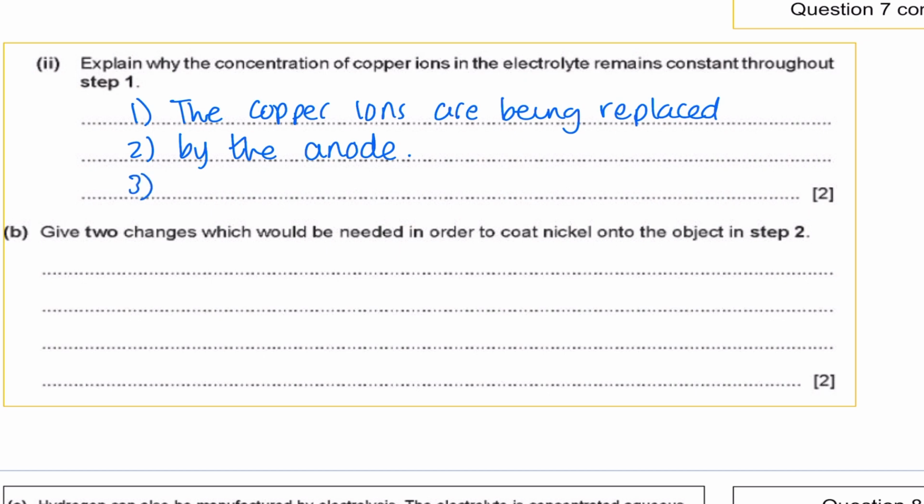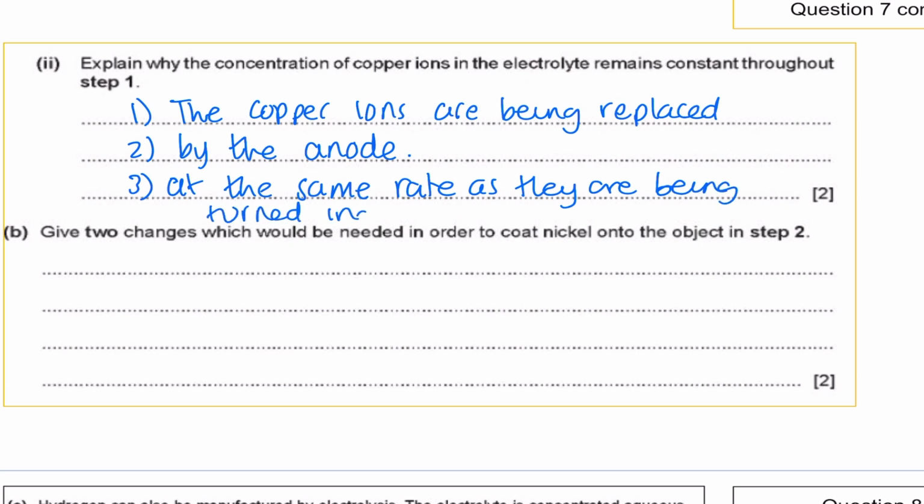And then you can put a 2nd point: at the same rate as they are being turned into copper metal at the cathode. There, you have really answered that question well if you do that.